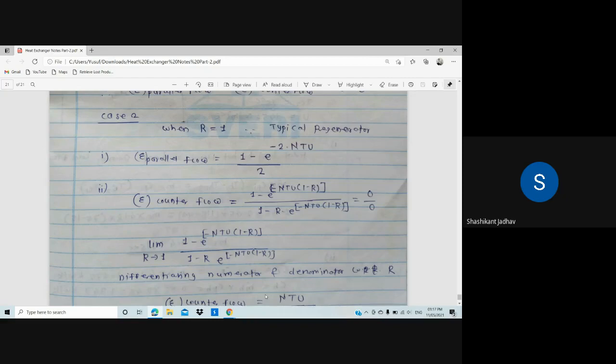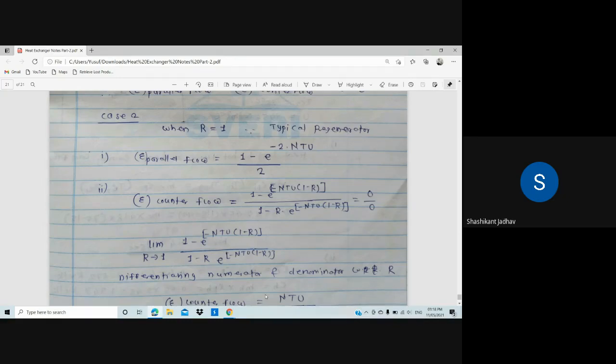Effectiveness for the parallel flow heat exchanger is equal to 1 minus e raised to minus 2 into NTU, divided by 2, because R is equal to 1.